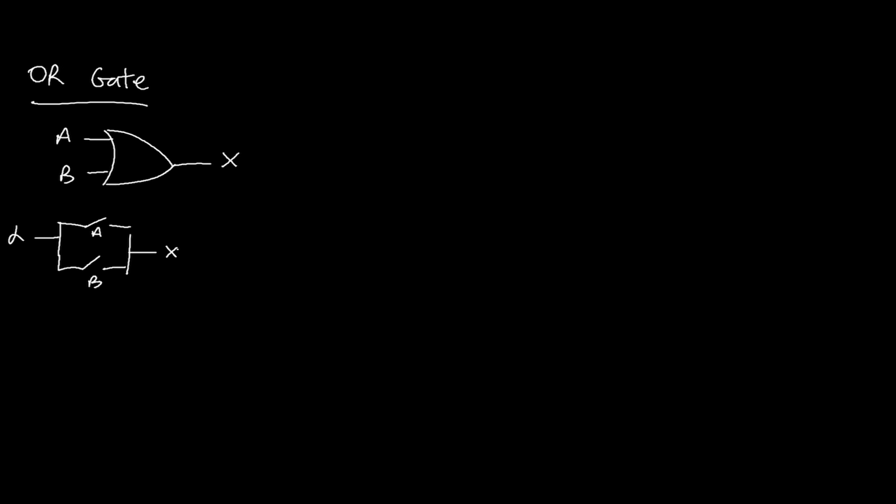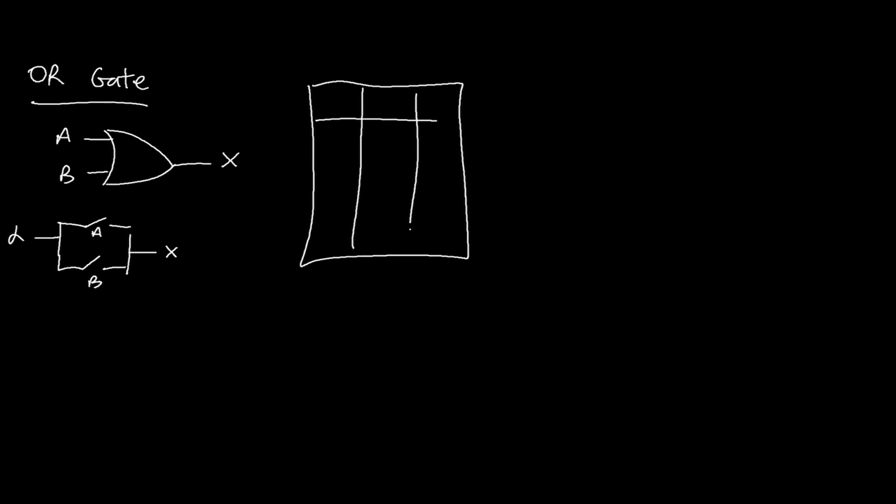Okay, now then, let's draw the truth table for this OR gate. A bit larger this time. Okay, so we've got A, we have B, and the output X. We're going to put the possible inputs in again. 0, 1, 0, 1, 0, 0, 1, 1.